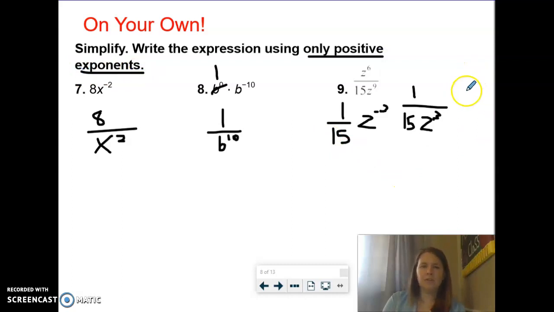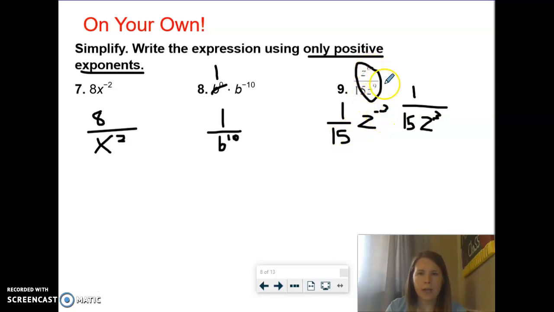9 is a little more tricky because the same rule applies here with these z's, is that when you divide with those, you're really subtracting the exponents. This 15, though, has to stay on the bottom of the fraction. So it's going to stay as 1/15 because I ultimately get rid of these z's by doing the division part.